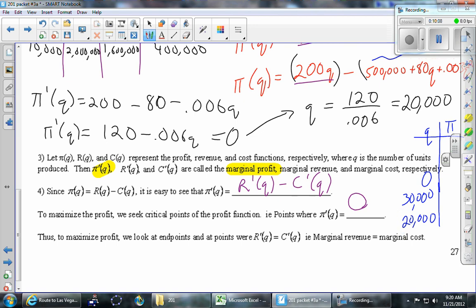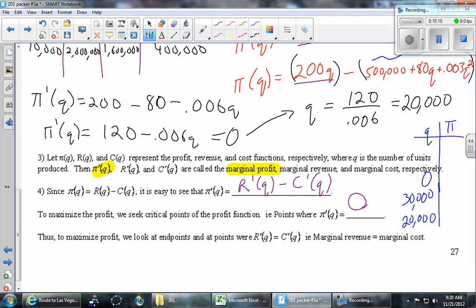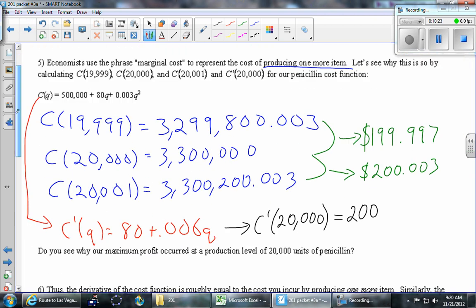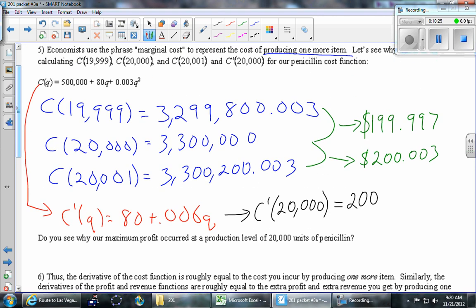And so we made a table, and we actually didn't fill in the table. We ran out of time yesterday. But what we would have seen was that that number right there was the highest number in the profit function. That represents the maximum profit. And so is there something in this 200 that we should see that tells us that producing 20,000 is exactly how many we should produce?